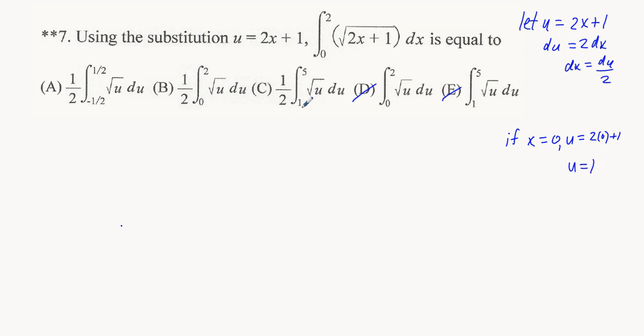And where do we see a lower limit of u equal to 1? Right here. For the upper limit, if x is equal to 2, u is equal to 2 times 2 plus 1, so u is going to be equal to 5. Where do we see that happening? Right here. So our answer choice for this one is C.